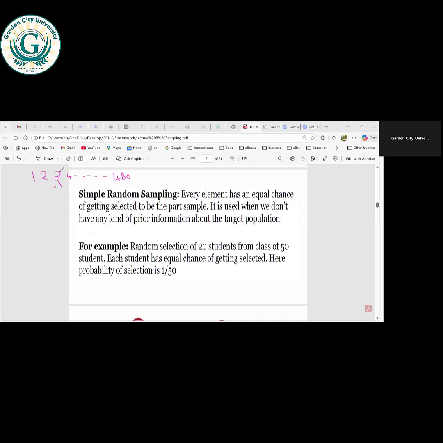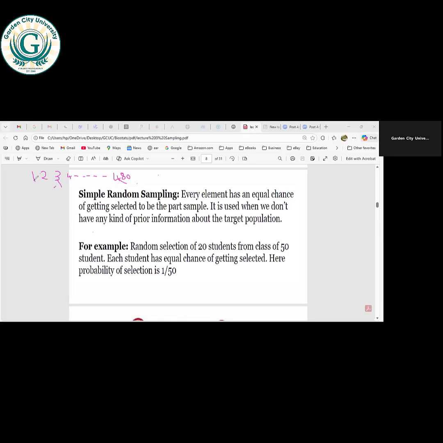It means that the person with number 3 is going to be part of the sample. If I pick number 480, it's going to be part of the sample. If I pick number 300, it's going to be part of the sample, and so on. And so that is what we call simple random sampling.